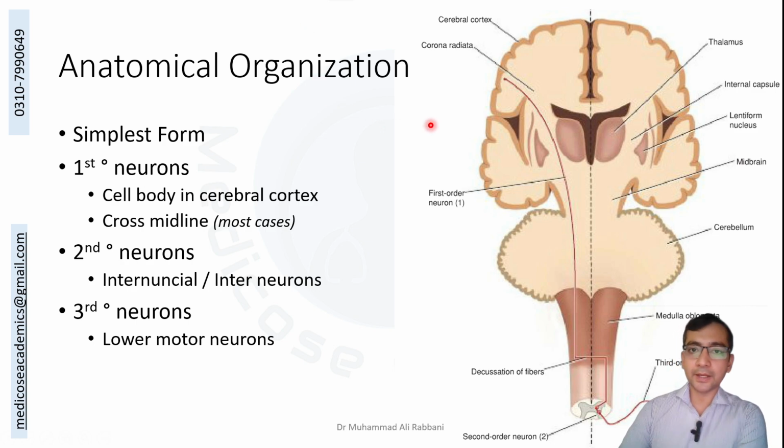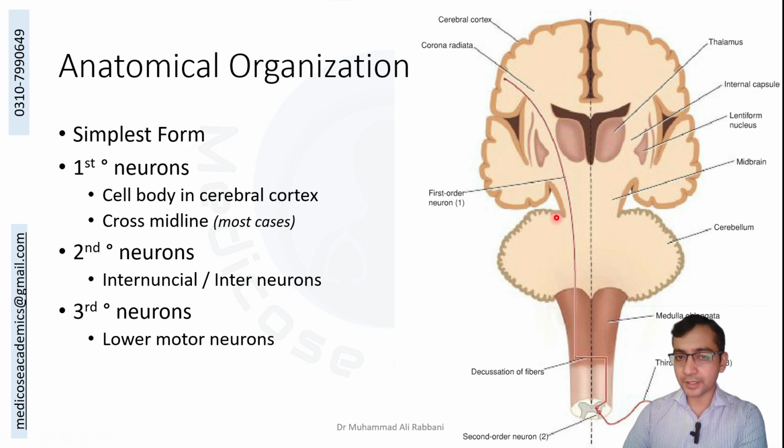In the corticospinal tract, the signal majorly starts from the first order neuron. Because it is descending, we will move from above downwards. The terminology of first order, second order, third order is not very commonly used for the descending tract, however, let's do that. The first order neuron starts from the cerebral cortex and comes down.